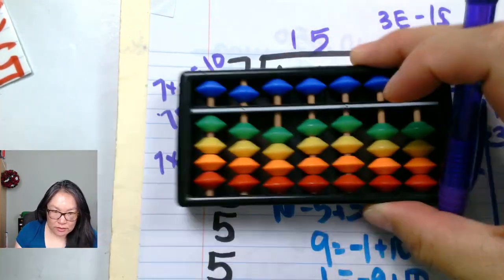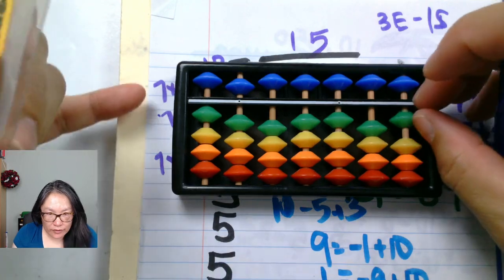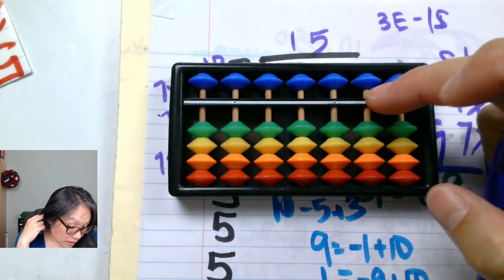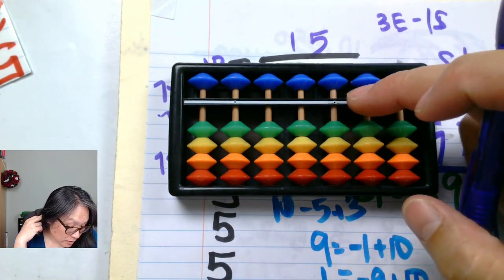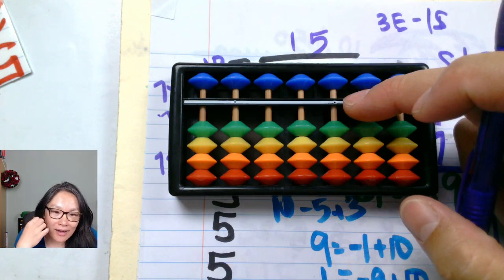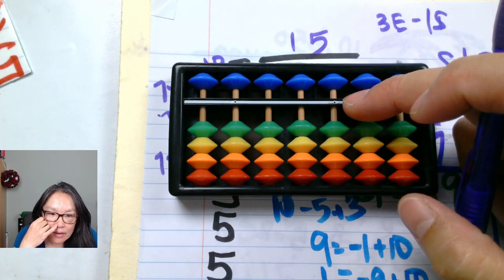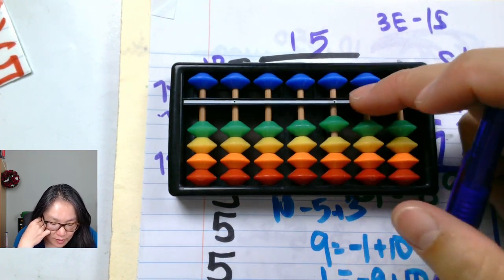How about, let's do a review of how to read the abacus. This is my horizontal bar. You could say how much 7 goes into 1. You can't. Bring it down. This is my horizontal bar.